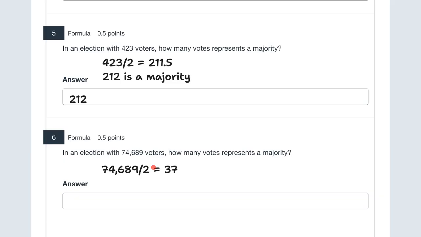So 37,344.5. We can't have half a vote. So the first whole number over half is going to be 37,345, a majority.